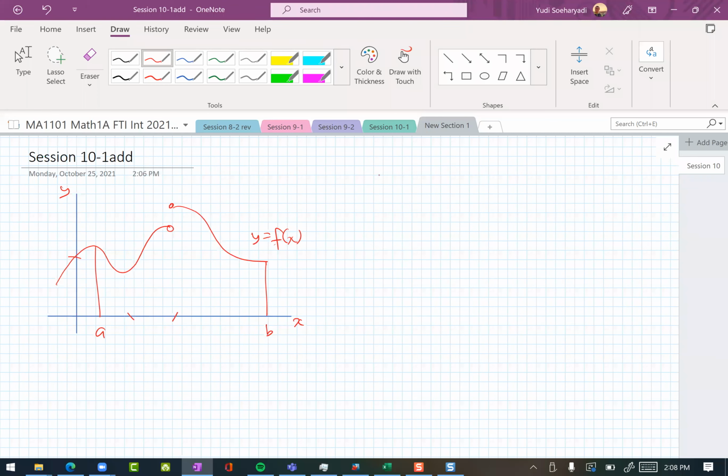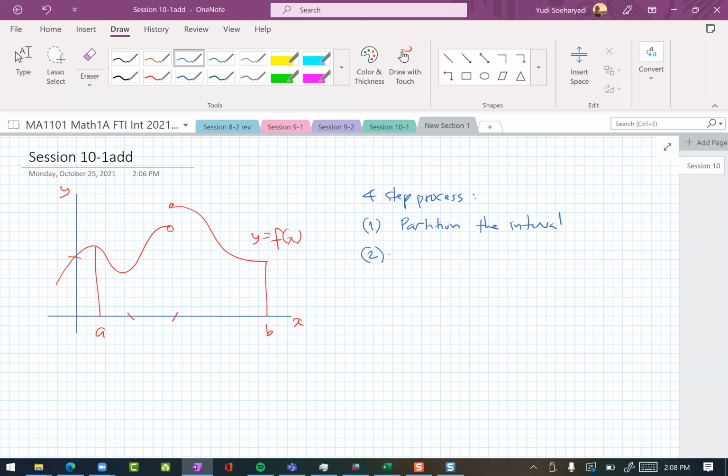The process has four steps. One is partitions in the interval.